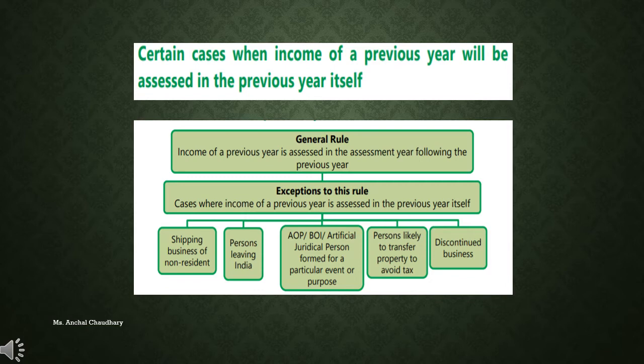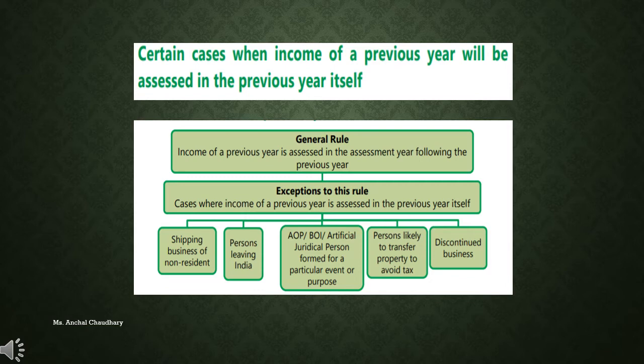Next is persons leaving India. Whenever you feel that a person is leaving India and does not have a certain plan to come back to India next year or the year after, you have to immediately impose the tax on that person's income in the current year only.